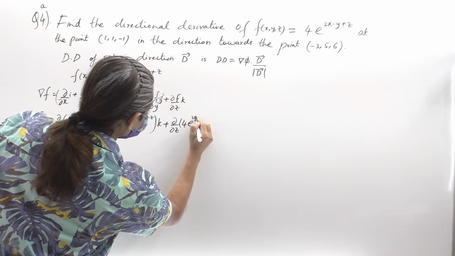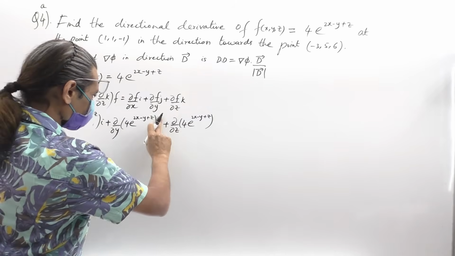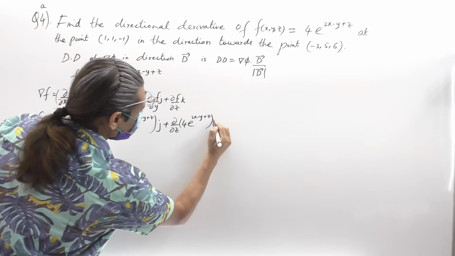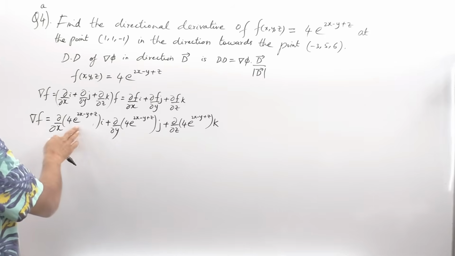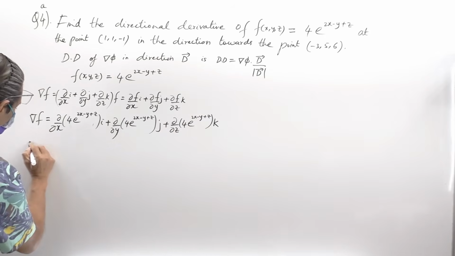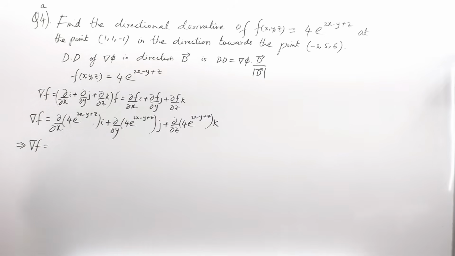Fine. So the surface f is partially differentiated with x, y and z. So let's do it now. So it implies del f equals, so what's that?